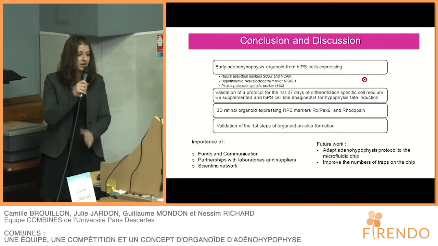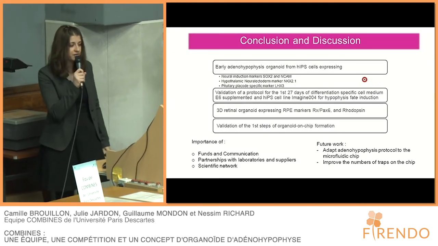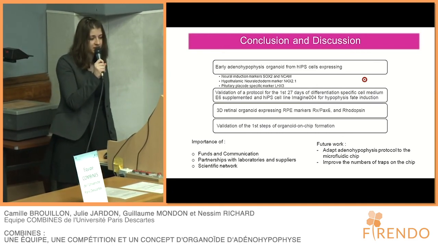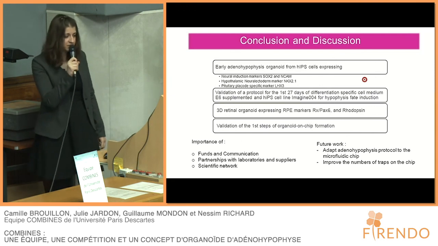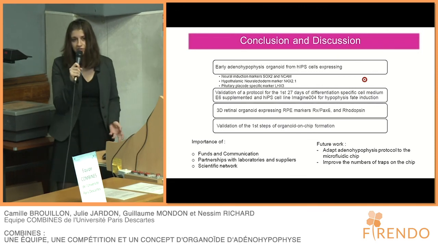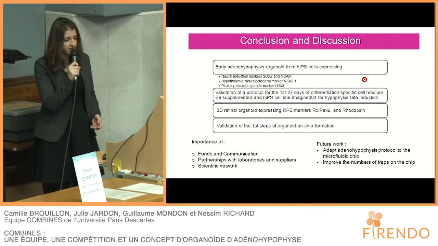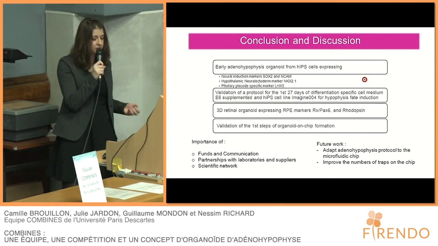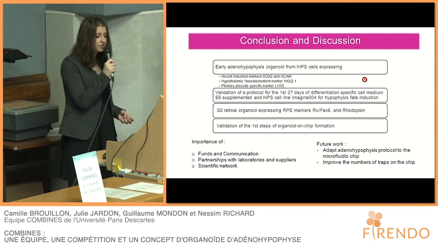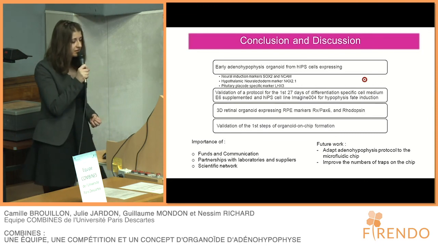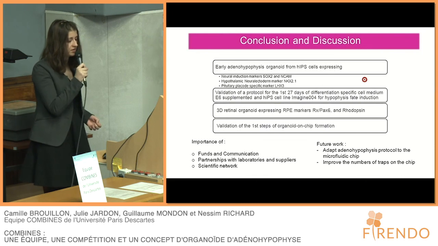And to conclude, we were able to develop an early adenohypophysis organoid from HIPS cells, expressing very specific markers, notably from pituitary placode. We validated the protocol for the first 27 days of differentiation by selecting a very specific cell medium and a HIPS cell line. We were able to form a 3D retinal organoid expressing RP markers and rhodopsin, and we validated the first step of the organoid on chip formation.